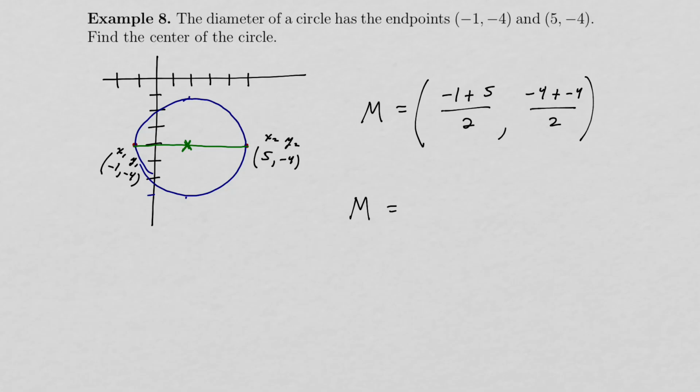That's 4, divided by 2, that's going to be 2. And then -4 plus -4 is -8, divided by 2 is still -4. It makes sense, because we're still going to remain right on that horizontal line. And that's what we guessed. So the center of the circle has coordinates (2, -4).